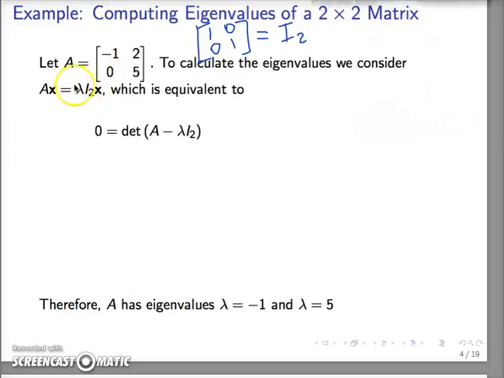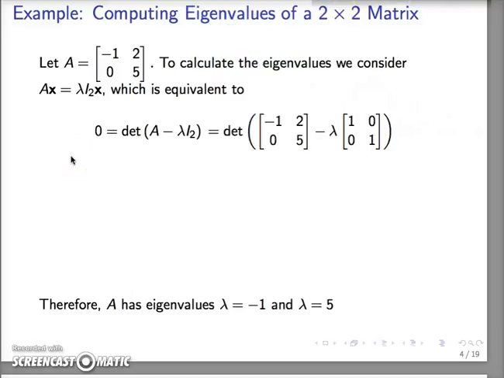Even though we're interested in lambda for which this vector equation is true, by exploring the null space of A minus lambda I, specifically by making use of the fact that if the matrix is singular, the determinant is 0, we consider the determinant of A minus lambda I equal to 0.